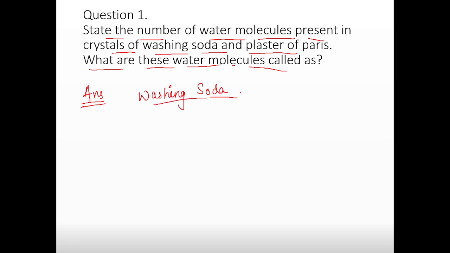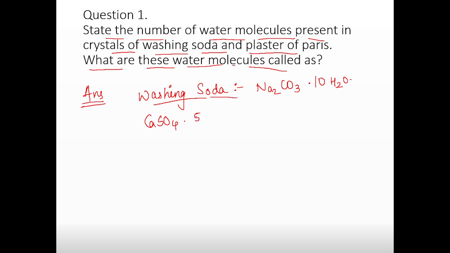This is the formula for the washing soda. Then when we talk about plaster of Paris, it is CaSO4 dot 5.